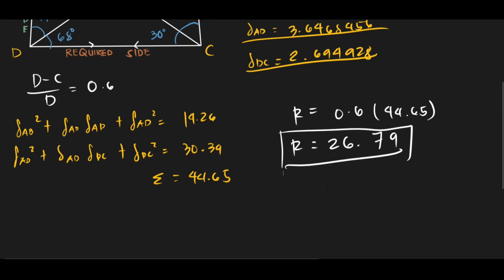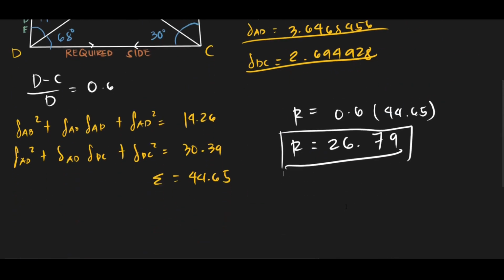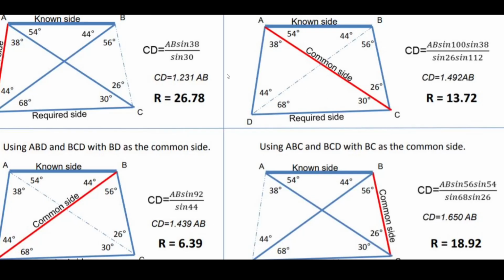Okay, now the next step is, now that we've successfully computed for R using this route, you will then calculate R for the other routes and compare. Okay, so let's compare the R. So we've used common side AD right here in the top left, right? We have 26.78, or 79.